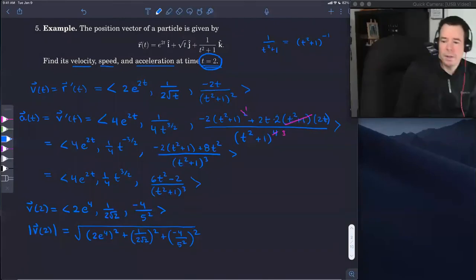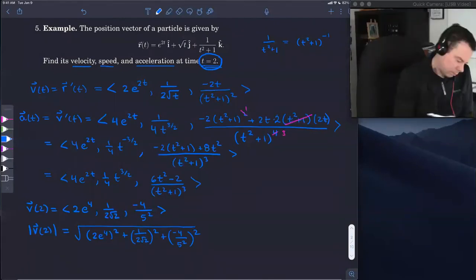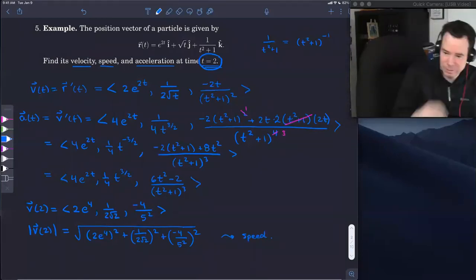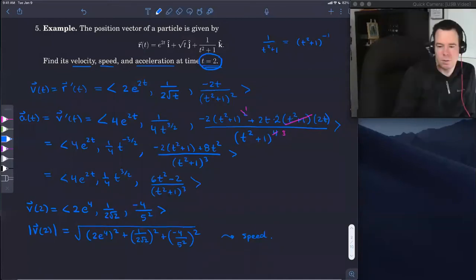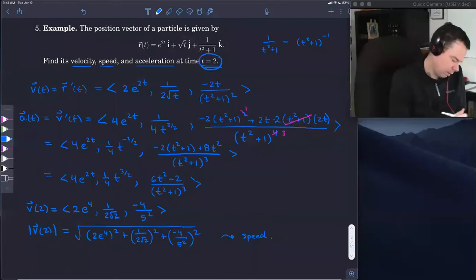So that's our speed. Maybe I'll just indicate here that this is the speed, because I haven't actually said that. So the idea is that the speed is the magnitude of the velocity. So whenever I write magnitude of velocity, that means speed. So I'll just indicate there that that's our speed calculation.